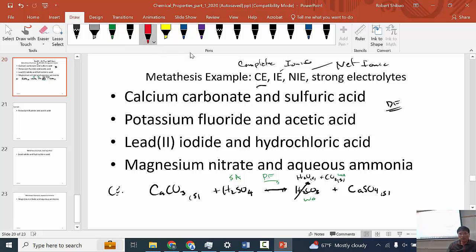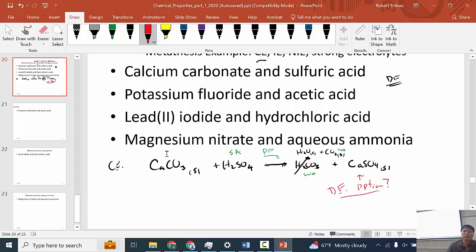Now, this precipitation, we don't know if this is a driving force. The reason we don't know is because we're sacrificing one precipitate for another. And so the reason there's a question mark here is because we have this precipitate versus this precipitate. Which precipitate is more stable?